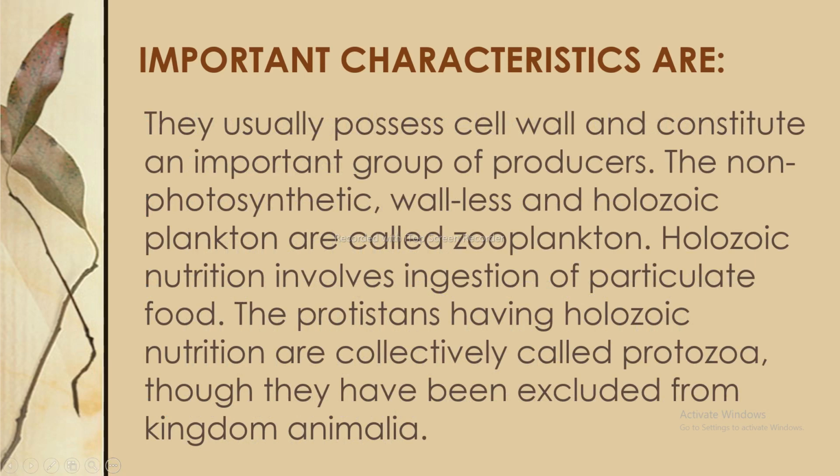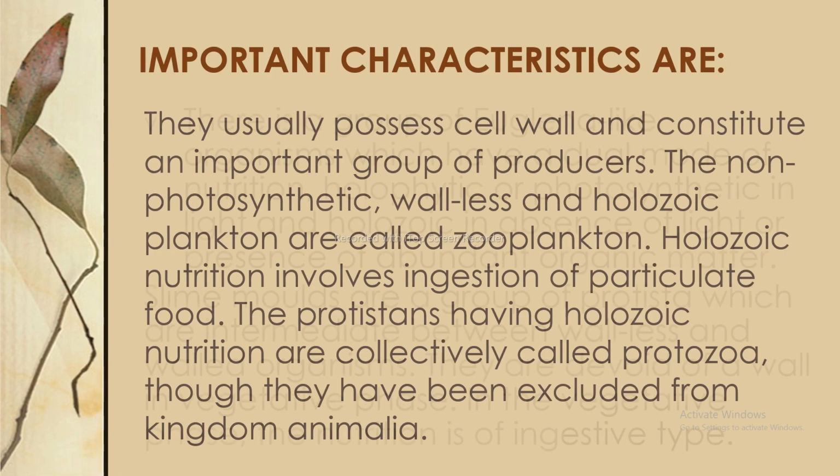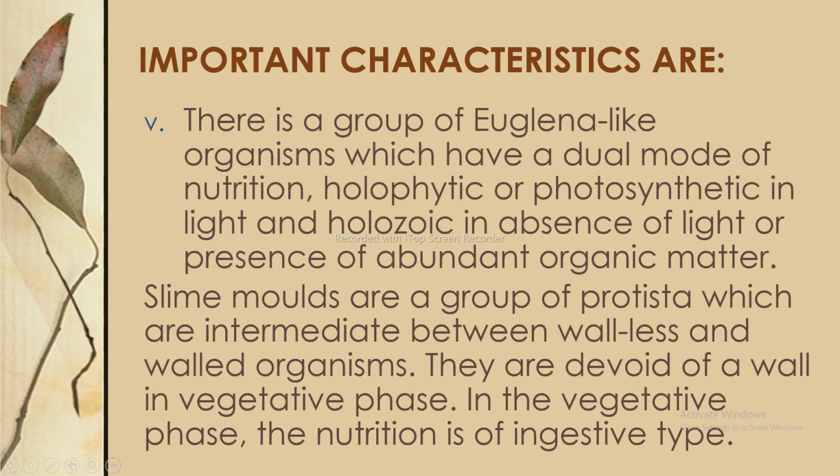Holozoic nutrition involves ingestion of particulate food. The protistans having holozoic nutrition are collectively called protozoa, though they have been excluded from the kingdom Animalia. There is a group of Euglena-like organisms which have a dual mode of nutrition: holophytic or photosynthetic in light, and holozoic in absence of light or presence of abundant organic matter.